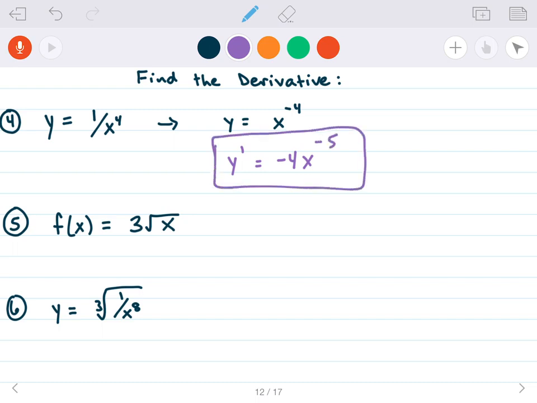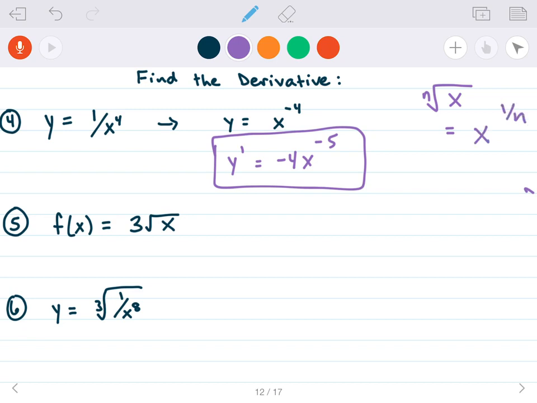Ba-bam. Now with square roots, we can make this into an exponent. Remember, if I have n as my index in the radical and x, where n is a whole number, this is the same thing as x to the 1 over n.